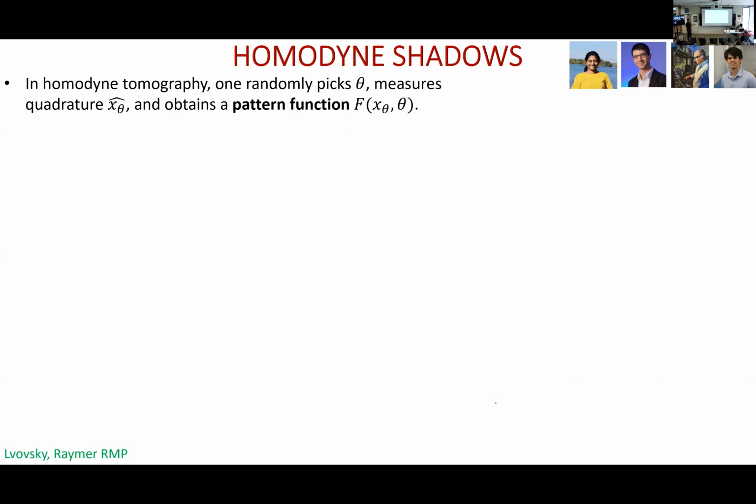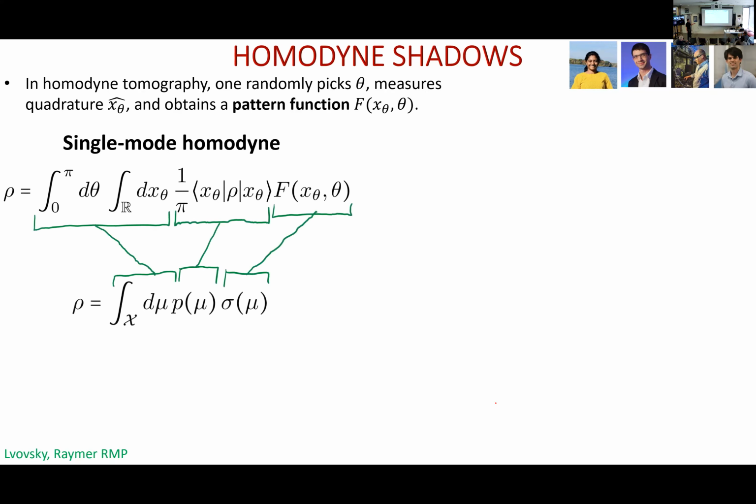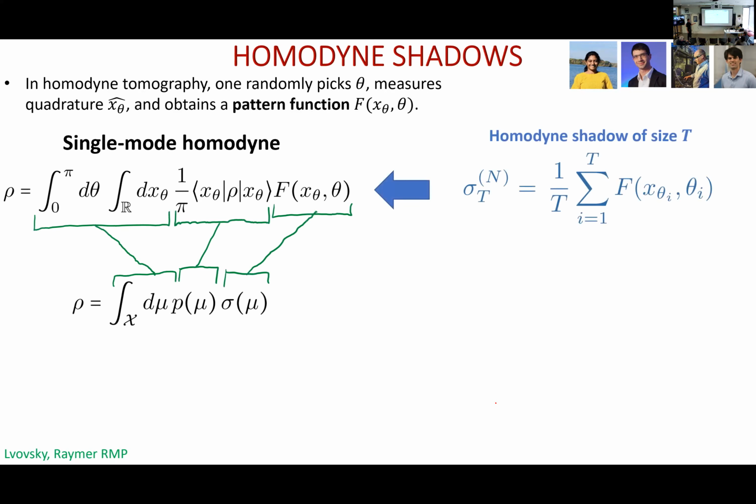And what do we get, for example, homodyne shadows? Sorry, this should just be homodyne tomography, where now you can interpret each of these things as sort of the shadow. This pattern function, this is a crazy thing. Don't worry about it. That's the shadow. And luckily, these are coefficients that are clearly probabilities. And now we can cook up this sort of estimator that we can frame as a homodyne shadow.